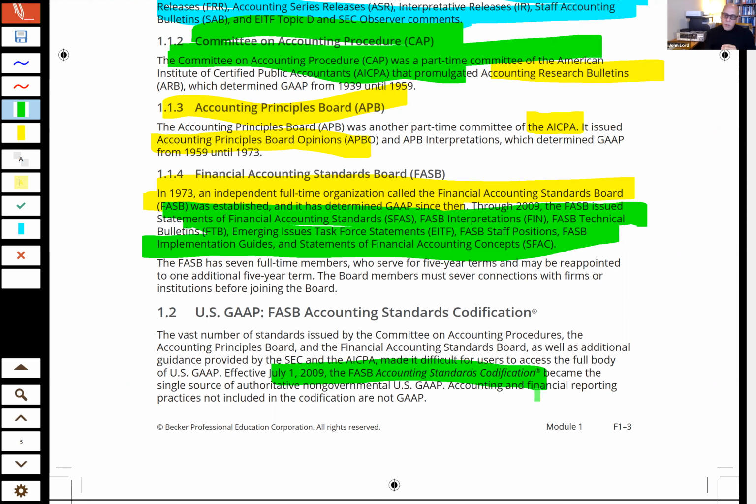So now when you want to do research, you go into the codification, and depending on what issue you're looking at, you find any standard that affects that particular issue. So if you're looking at the balance sheet, anything that would affect the balance sheet, they codified all those different standards under the topic of balance sheet.